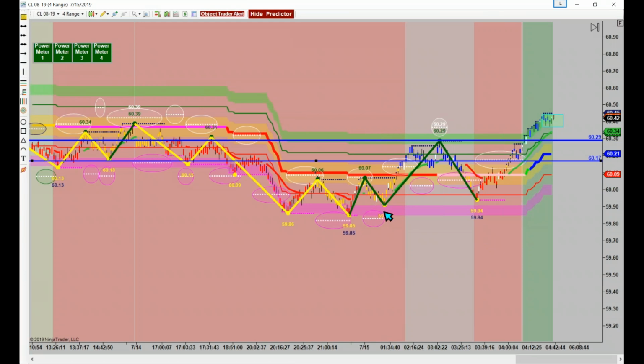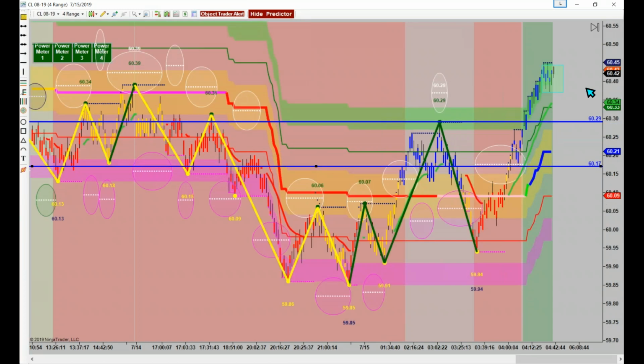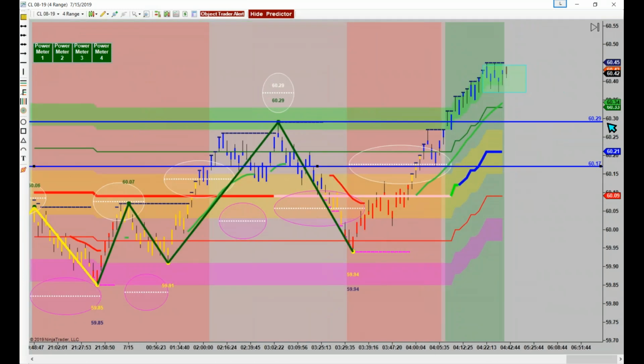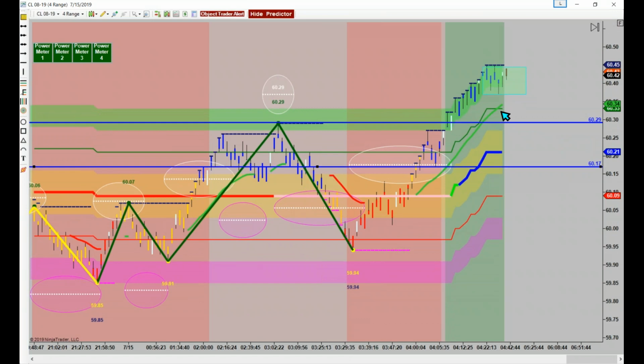So what I would personally do is turn on my alert. I've got minimum criteria on. I've got mid-band on just in case it gets down here. Now, let me go over just a little bit about these alerts for people that are a little bit newer. If we get what we call a minimum criteria trade, it has to go below stealth and line 6, and it has to close below stealth and line 6.